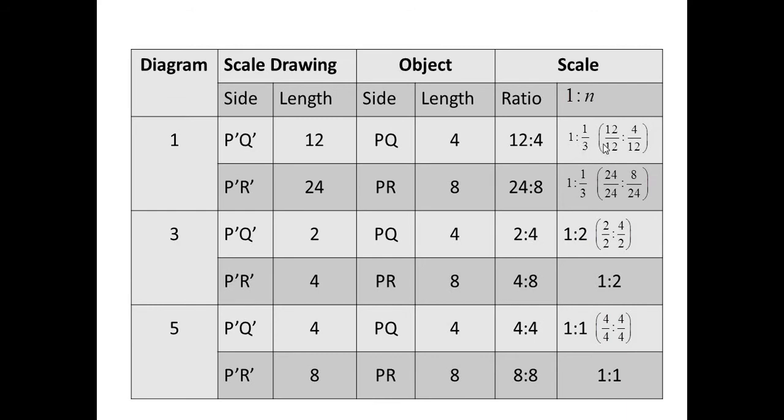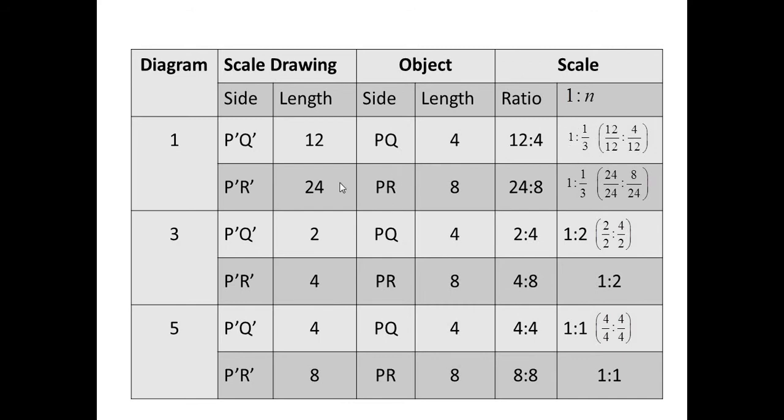When we divide this by 12, the same thing must happen to the other side. So you also have to divide the 4 by 12. When you divide both, after simplifying, you're going to have 1:1/3. So this is your final answer.